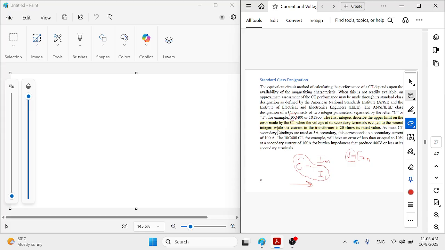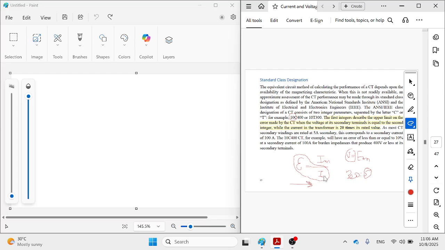The CT value, for example 300 to 5, this 5 must be multiplied by 20 to give you the normal current of the system, which is mostly considered.